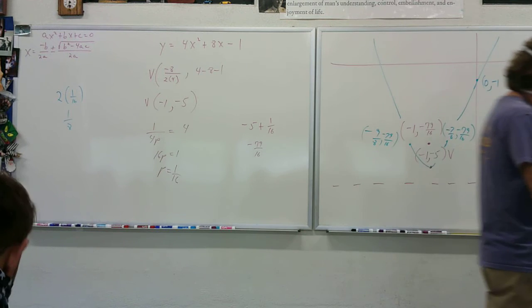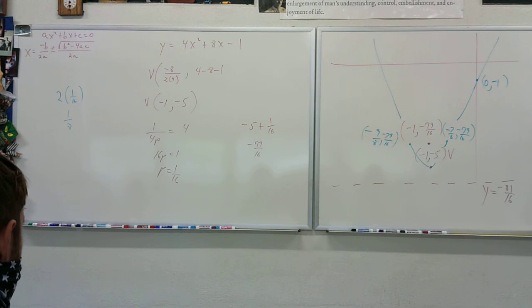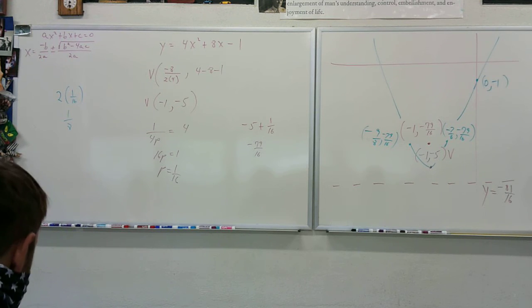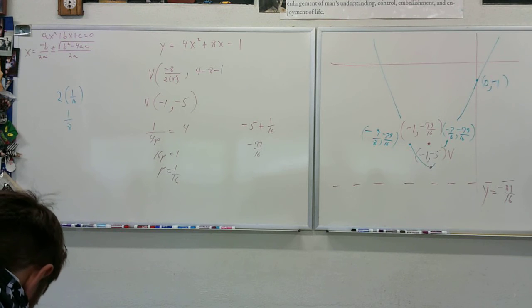X-intercepts. I'm going to erase a little bit so I have room to work. I want to give you a moment to look at it real close. I want you to think about what you're looking at and see how we're doing.